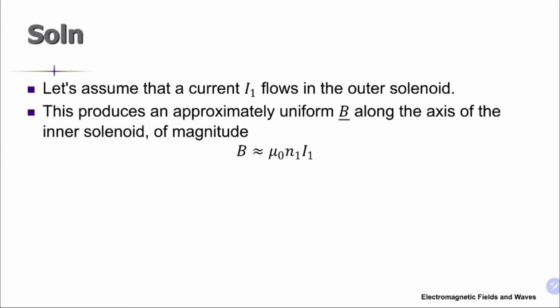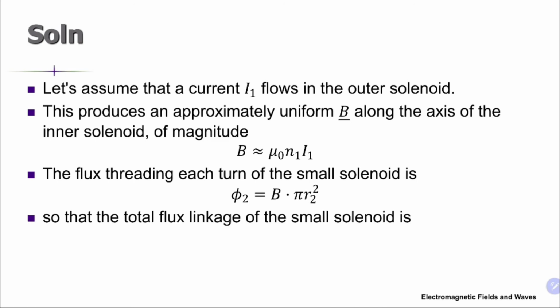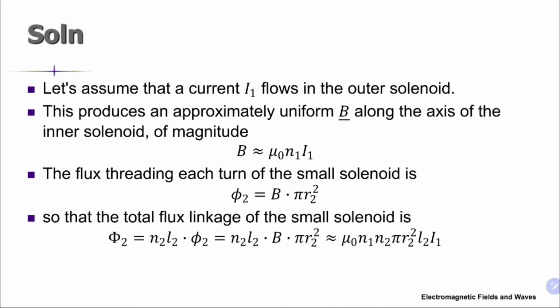Okay, so we know that the magnetic flux density produced in a solenoid is equal to mu naught N times I. The flux through each turn of the smaller solenoid will be phi 2 equals B pi R2 squared, and then the flux linkage capital Phi will be N2 L2 times the flux, and that gives you mu naught N1 N2 pi R2 squared L2 times I1.